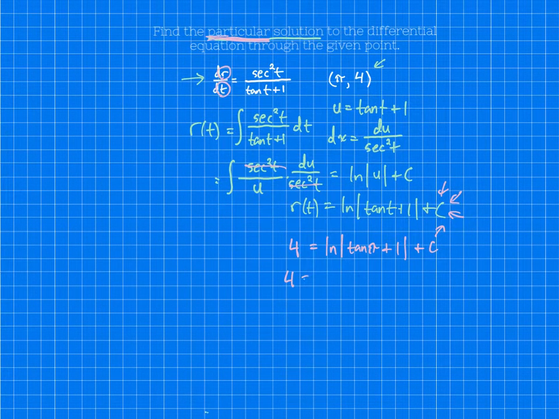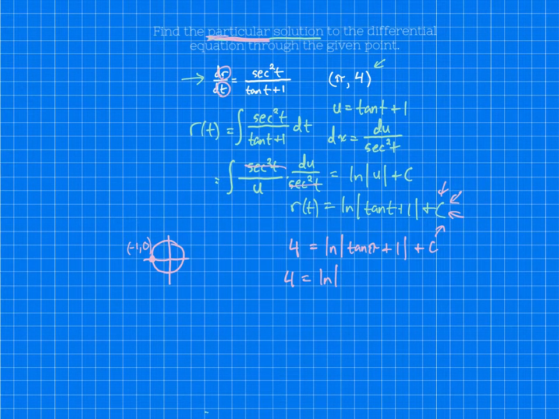Now, tangent of pi: if you think about tangent on the unit circle, tangent is y over x. And pi is on the left hand side of the unit circle. That's pi radians, and the point right there is negative 1 comma 0.